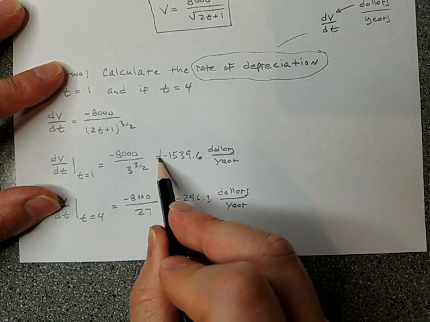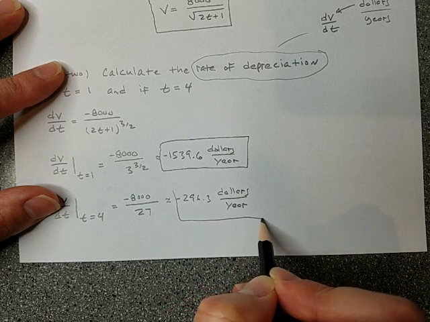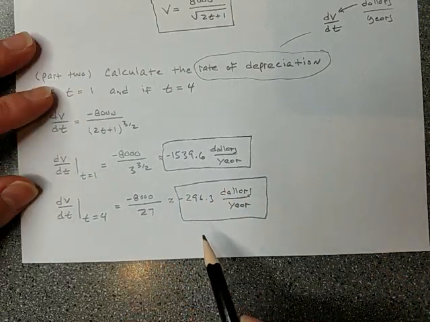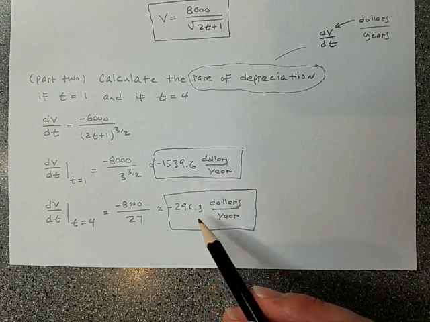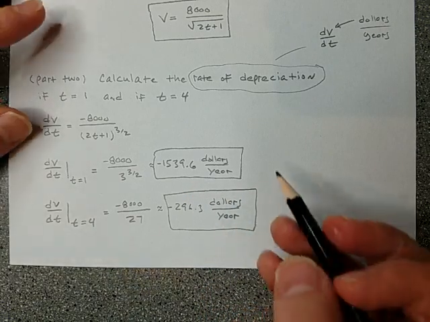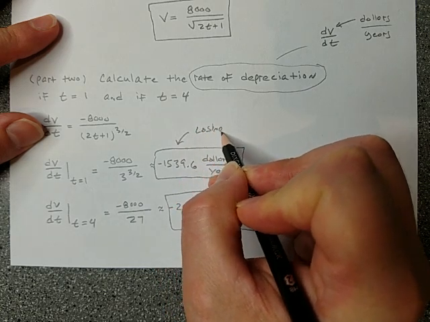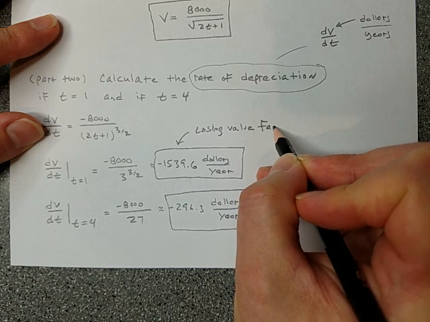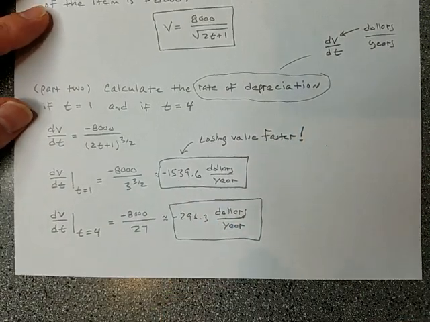So those are the rates of depreciation. It's losing value a little slower as it ages, and that's not an unbelievable thing to happen. So that's my commentary here. Losing value much faster at t equals 1; when you really compare those numbers, that one's quite a bit bigger.